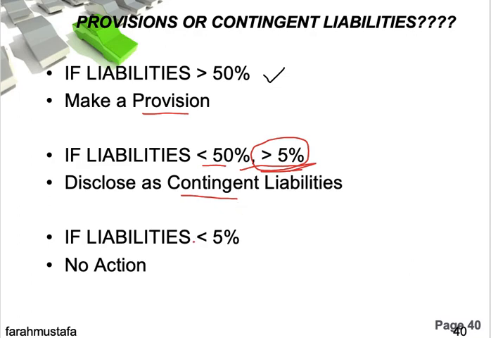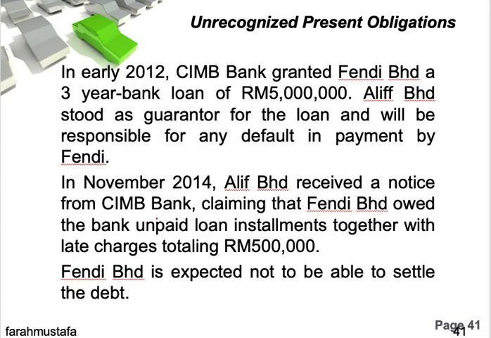But if the chances of outflow are less than 5%, very minimal, then we can ignore. That means we do not have to disclose at all.